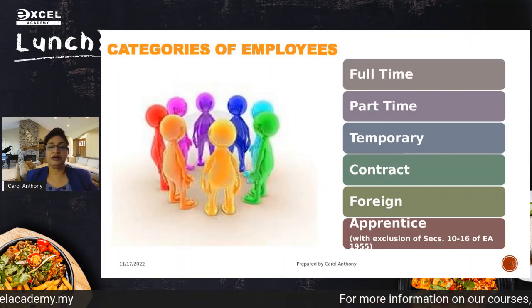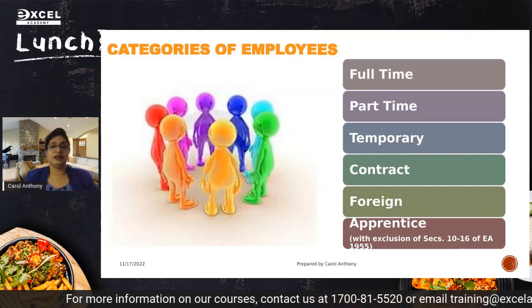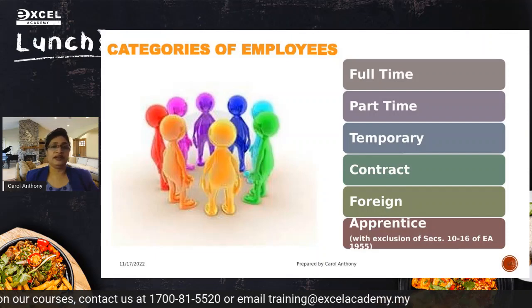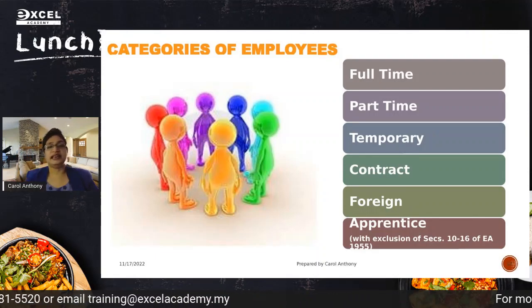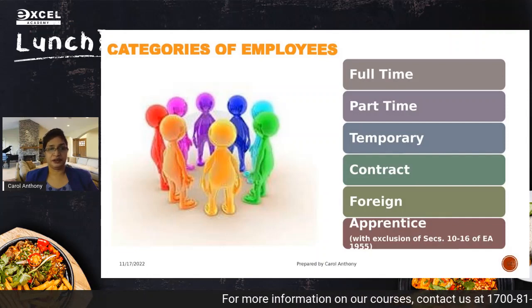Moving on, we do have categories of employees, as mentioned earlier. They are full-time, part-time, temporary, contract, foreign, and apprentice as well. Full-time is 9 to 5. Let's say the company works 9 to 5 Monday to Friday, they also work 9 to 5 Monday to Friday.